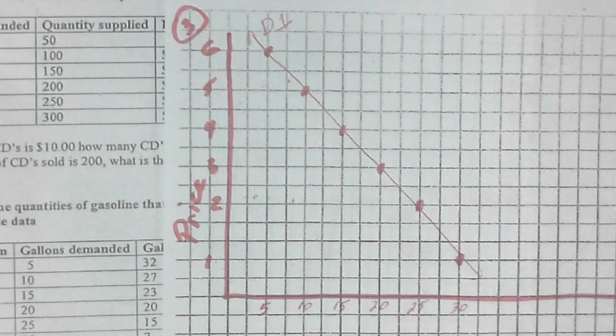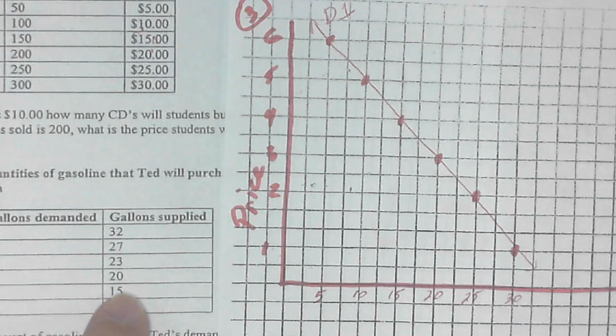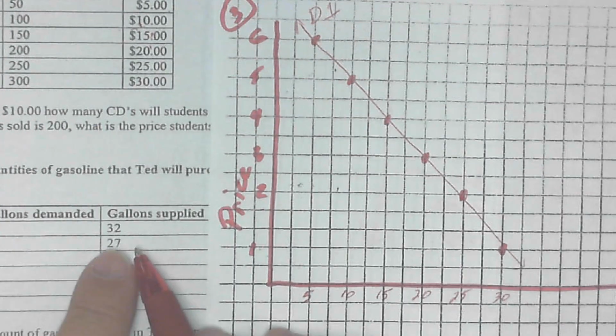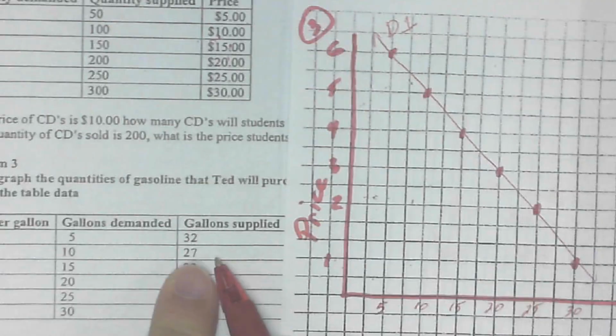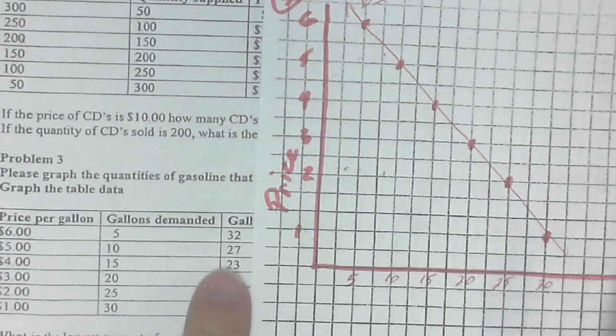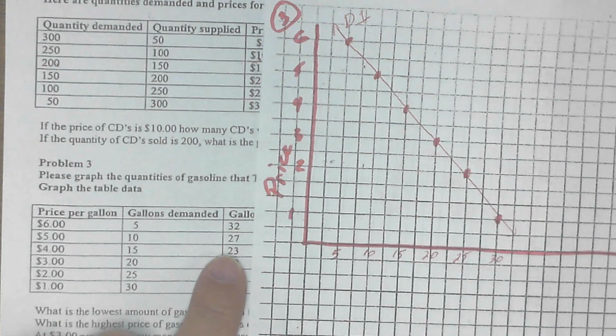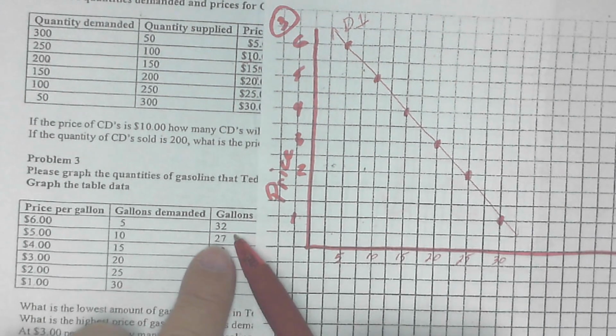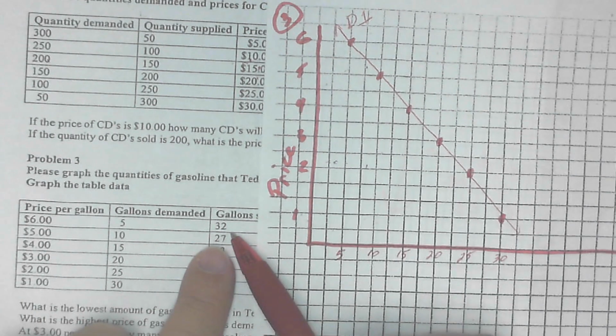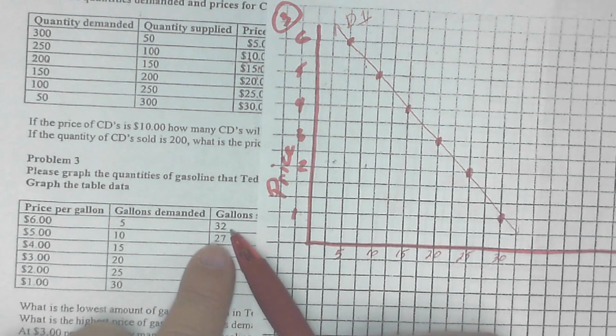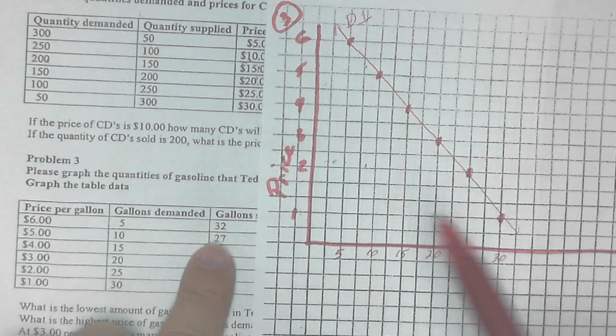And just like with number 2, we're just going to put in our numbers for our supply. So at $6, the amount that the refineries were willing to supply was 32.